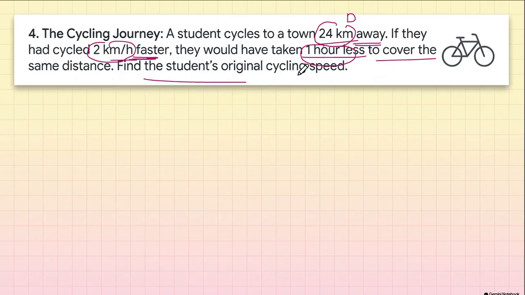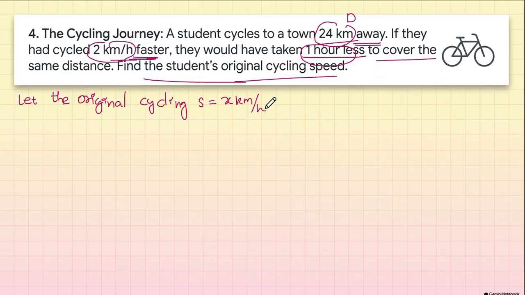So find the original speed of the cycling. Let the original cycling speed be x km/h.